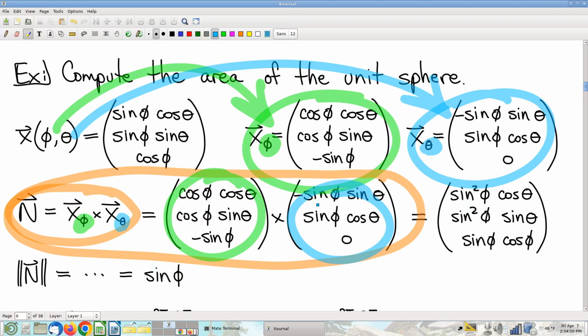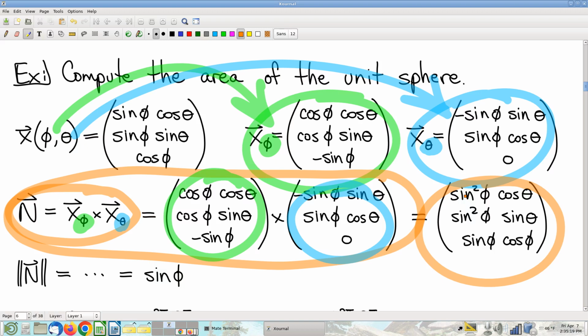I think it's a good road to have gone down. It's a very standard calculation. Side note, this did make an appearance one time on an exam 3. I don't remember how many years ago, but this calculation confirms that your capital N vector is this. So again, good exercise. Everybody should give that a try. It's just trig and trig identities, and this is what you get.